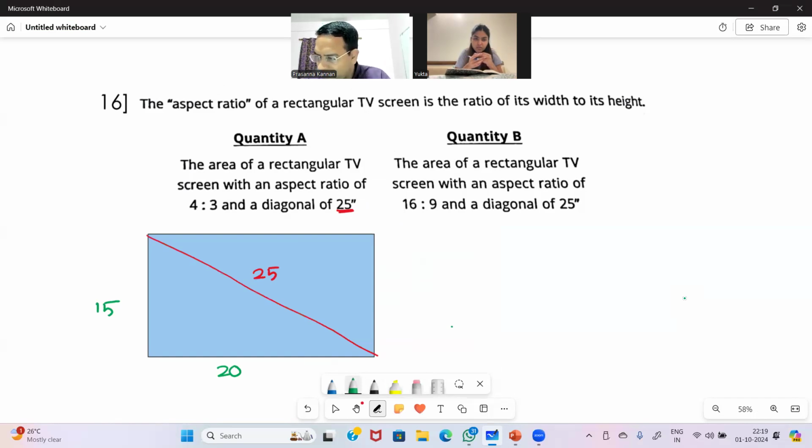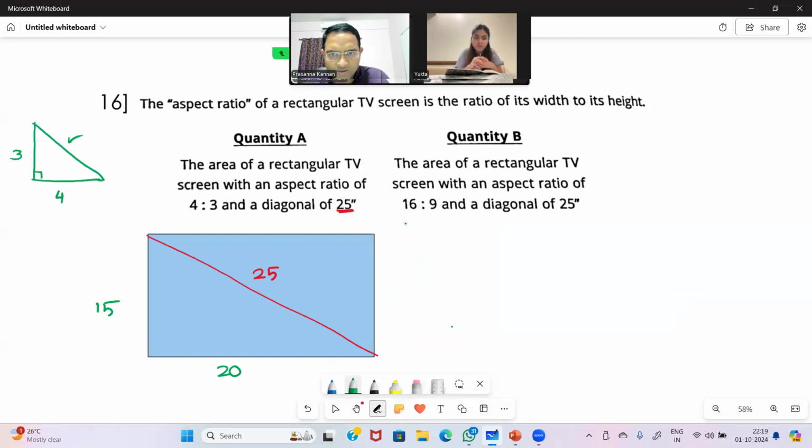Because you know the right angle triangle, Pythagorean triplet. One of the common ones is one side is 4, the other is 3, and the hypotenuse is 5. Correct? Now, the other triangles will be what? 3 into 2, 4 into 2, 5 into 2, isn't it? 6, 8, 10.